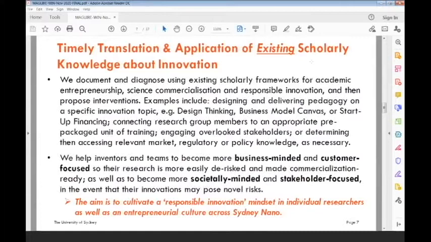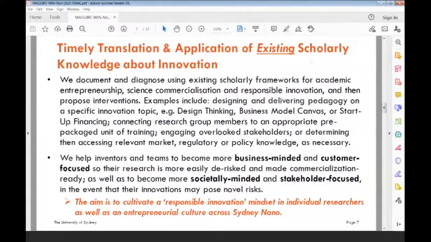Examples might be delivering pedagogy on design thinking, on startup financing, how to engage overlooked stakeholders, or determining and accessing relevant policy or regulatory knowledge. We hope to help inventors and teams to become more business-minded and customer-focused so their research is more easily de-risked and commercialization ready.